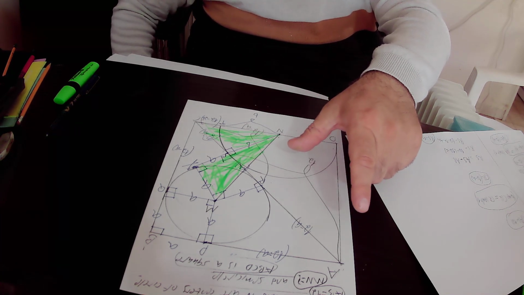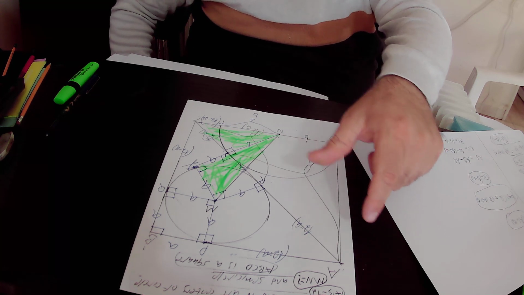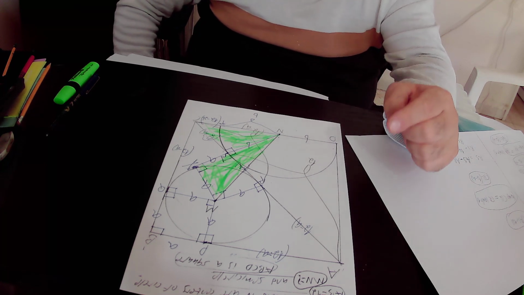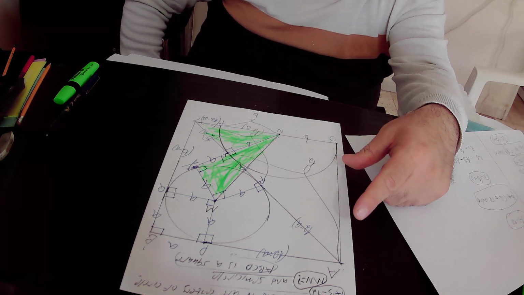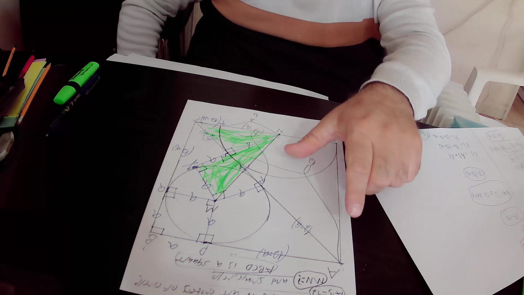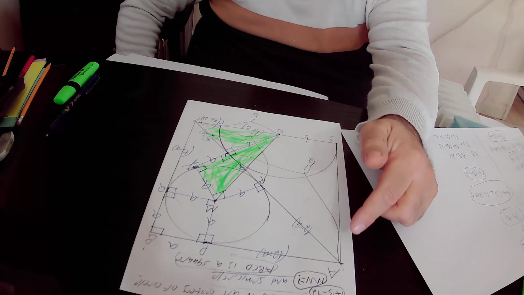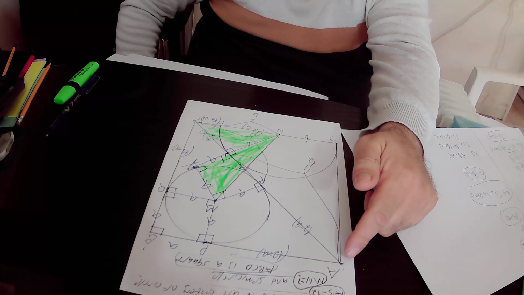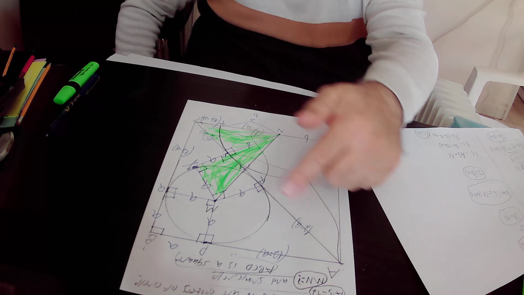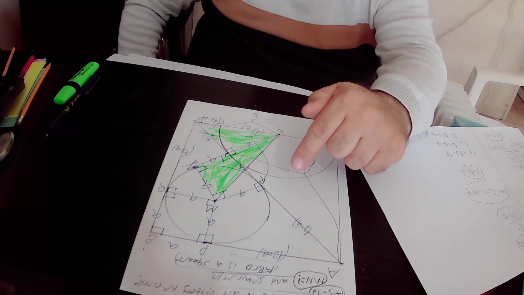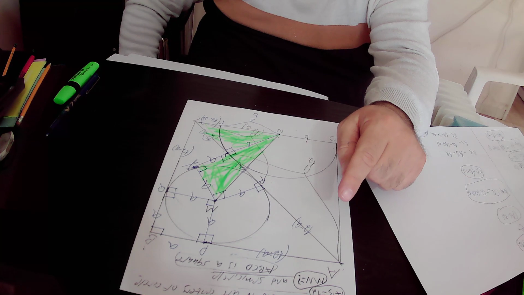AP equals AR. So what is the value? If we focus at point A, we have two tangents to this circle, tangent AP and tangent AR, and according to rule number 1, they are equal to each other.